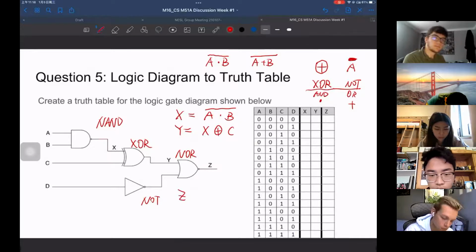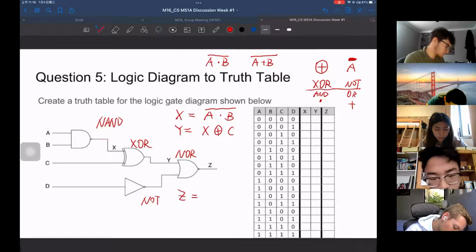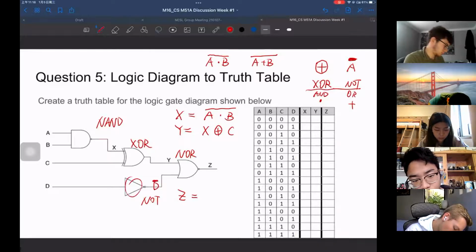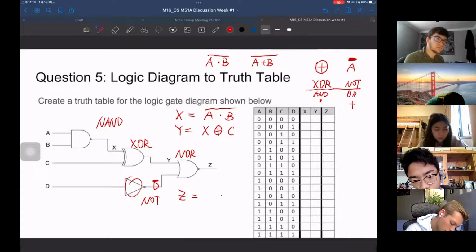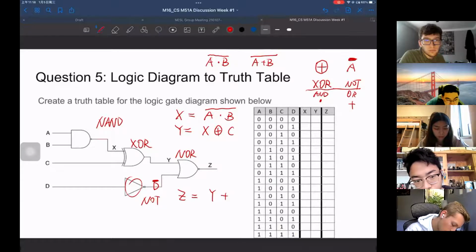Finally, we have Z. What is Z? Z is NOR of Y and not D. This is D not, if you agree with me. So Z equals NOR of Y plus D bar.